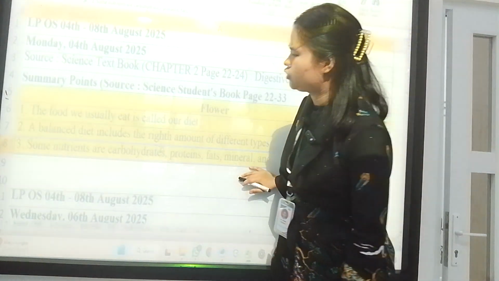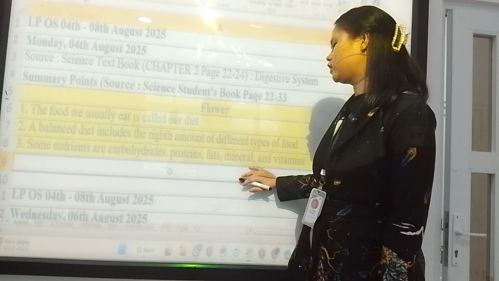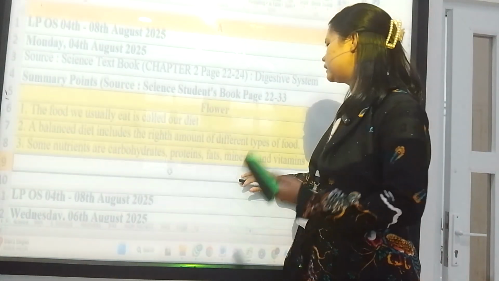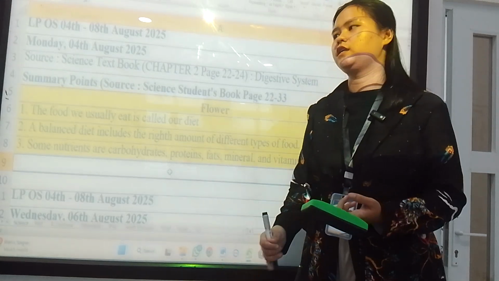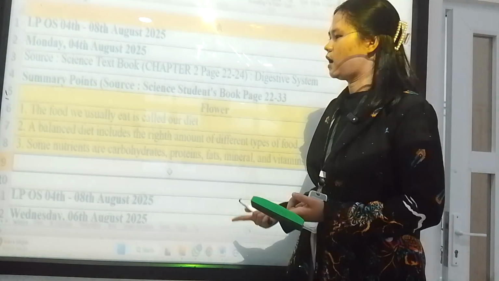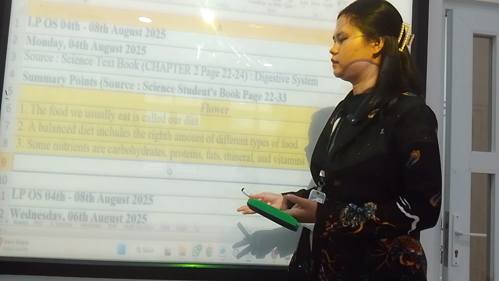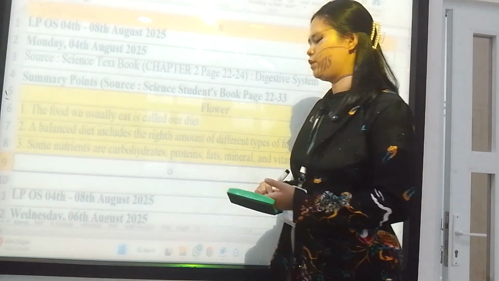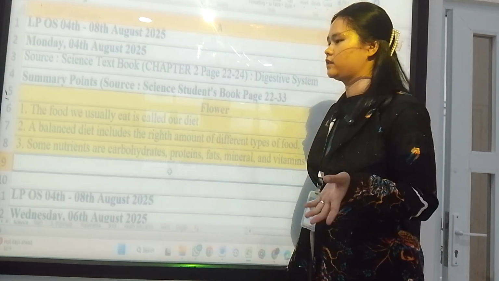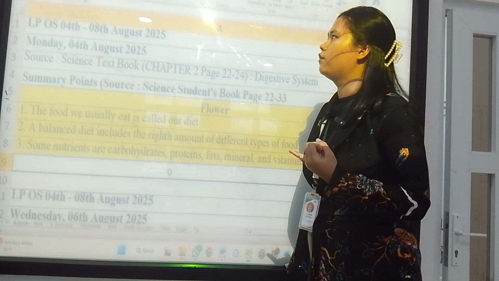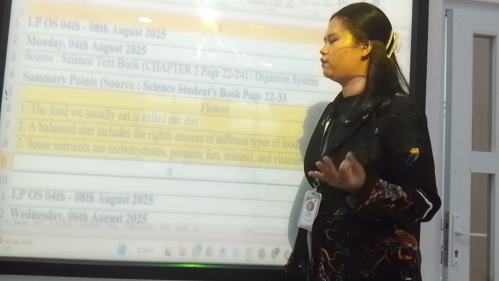Okay, point number three. Some nutrients are carbohydrates, protein, fats, mineral, and vitamins. The examples of carbohydrate are bread, pasta, rice, and so on. And the proteins we can usually find from animals like chicken, fish, beef, and something like that.